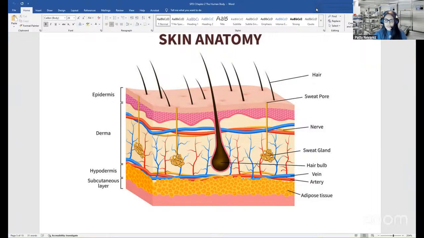All right, if you can see my screen here, we're going to start talking about skin anatomy. The skin is considered an organ because, if you remember the structure of the human body that we talked about at the beginning of the chapter, it has different tissues working together to perform functions.